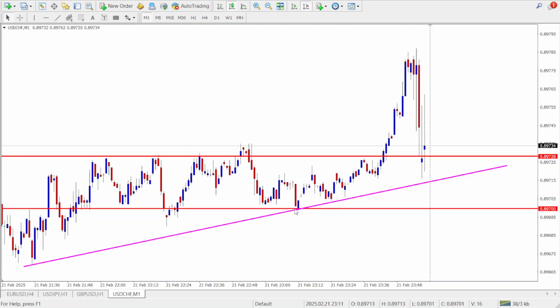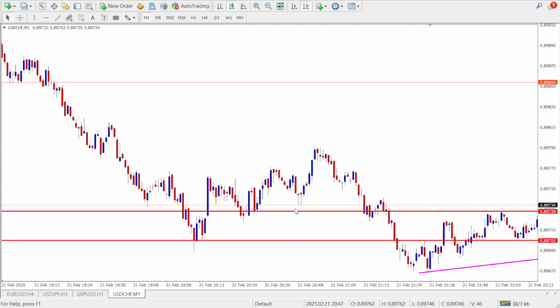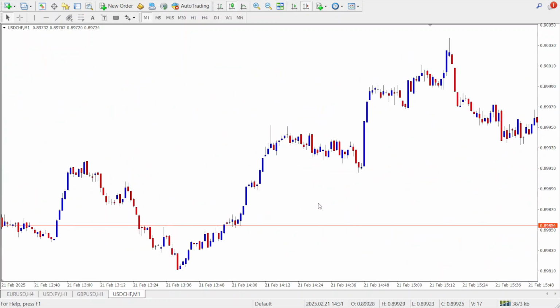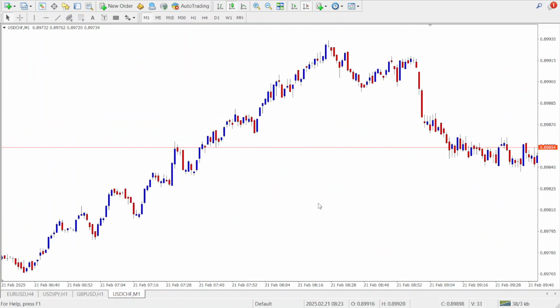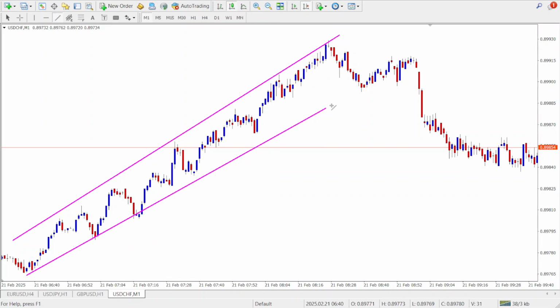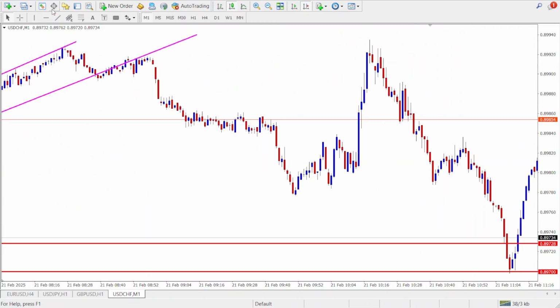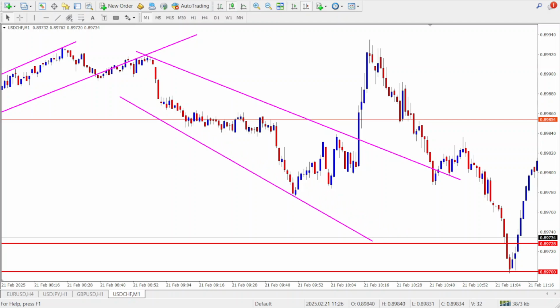So what is a market structure shift? Simply put, it is when the market moves from making higher highs and higher lows to making lower highs and lower lows, or vice versa, right?